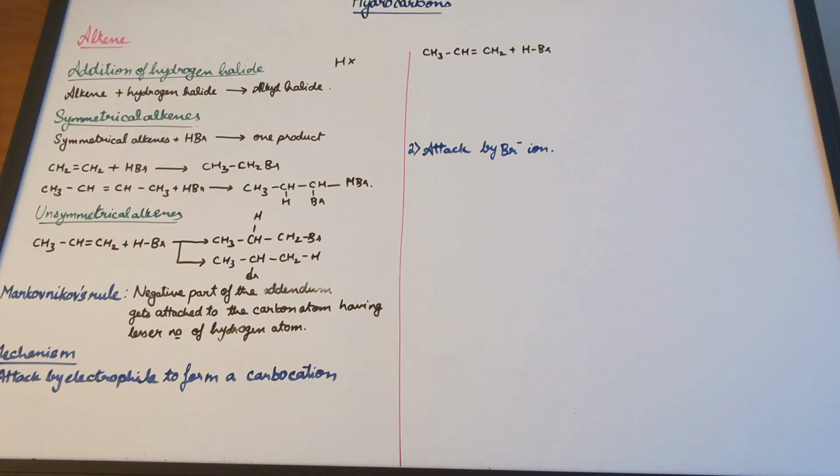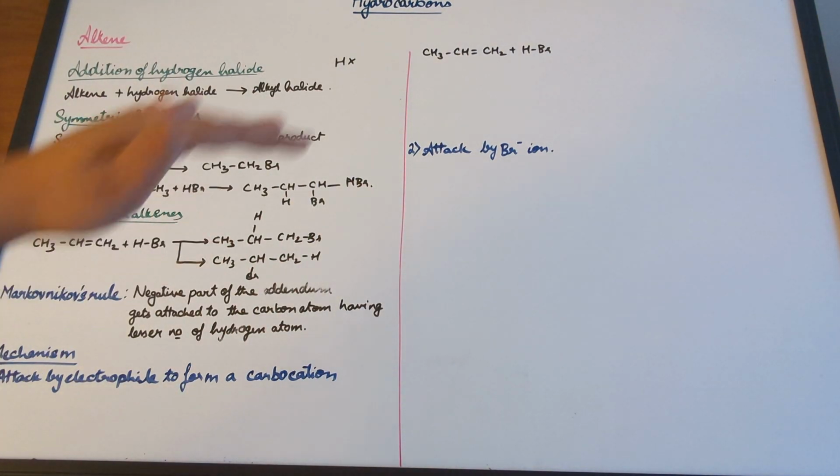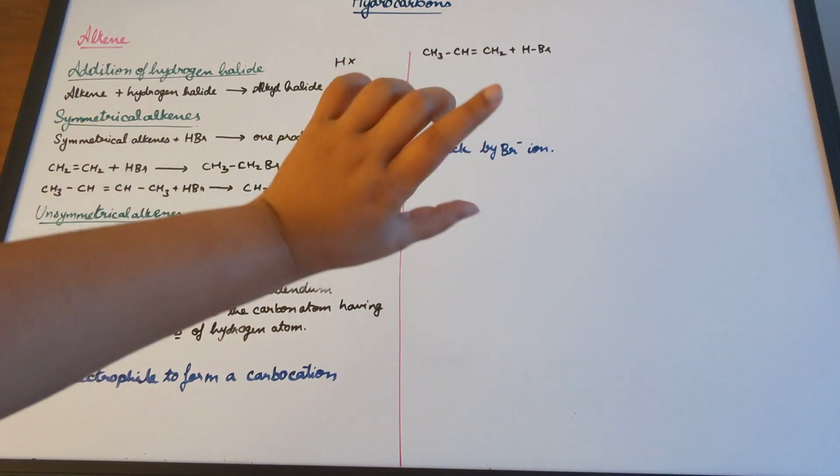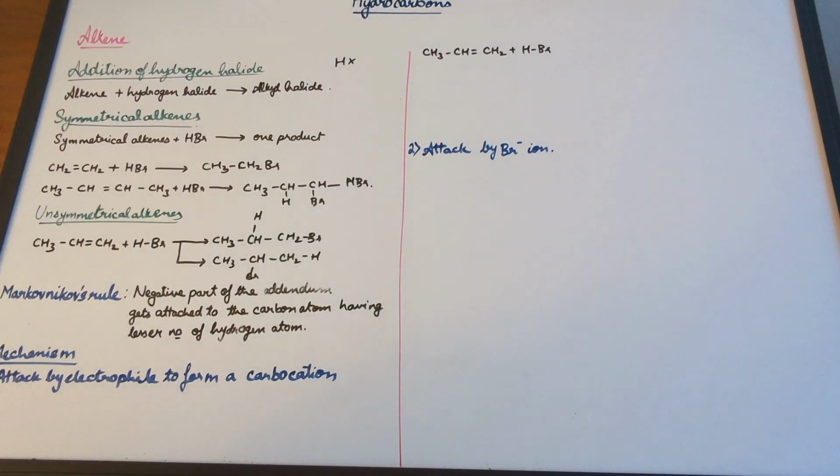An electrophile means it is electron loving. It loves electrons, which means here our electrophile, the hydrogen, is going to come and attack the carbon. That leads to the possibility of two carbocations.